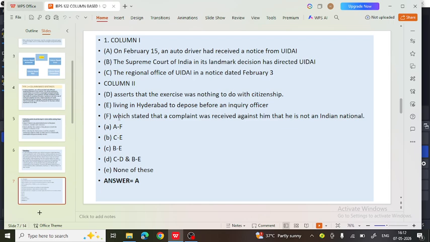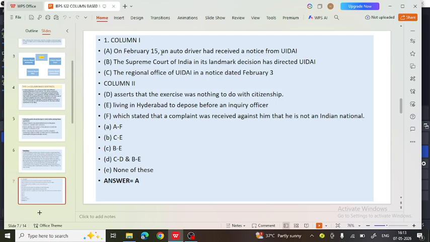Now see the third one, which stated that a complaint was received against him that he is not an Indian national. So now read once again these 2 pairs.